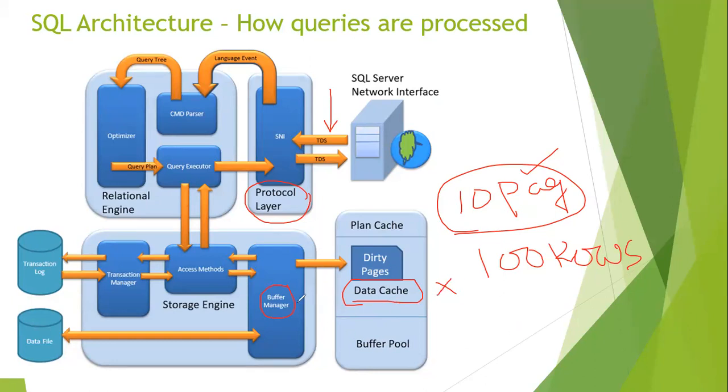If that is the case, the buffer manager connects to the data file and requests the pages it needs, the pages it requires to execute the query. It needs 10 pages. Then these pages will be sent to the buffer manager, and the buffer manager will keep those pages in memory.